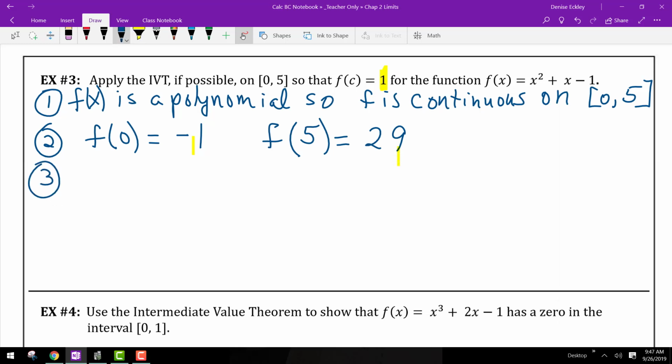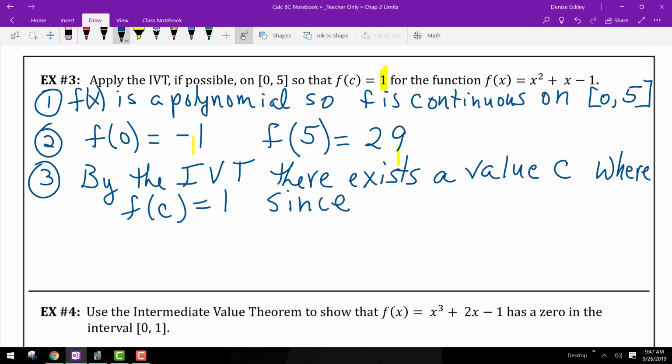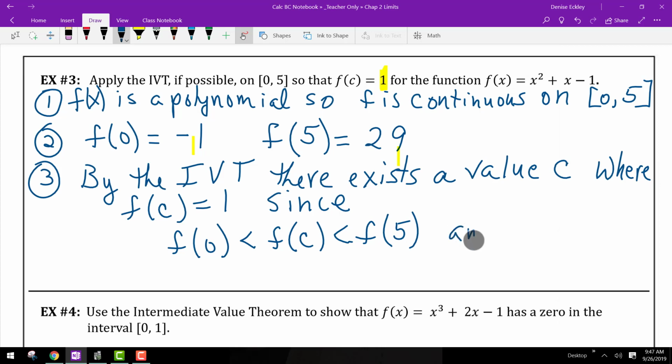So we say, by the IVT, there exists a value c where f of c equals 1, since f of 0 is less than f of c, which is less than f of 5, and c has to be between 0 and 5.